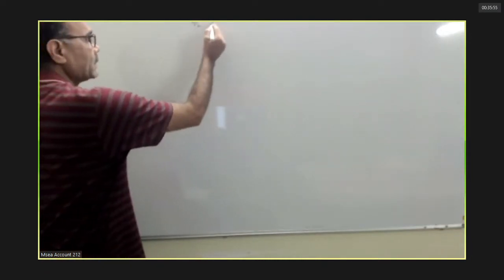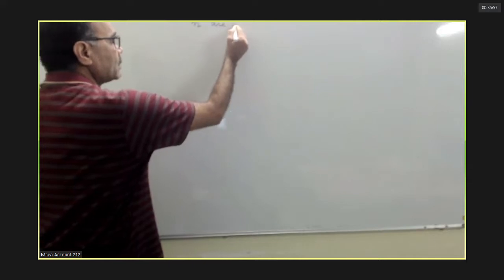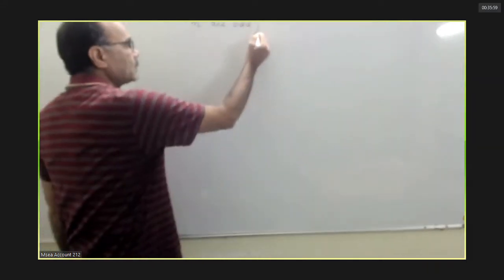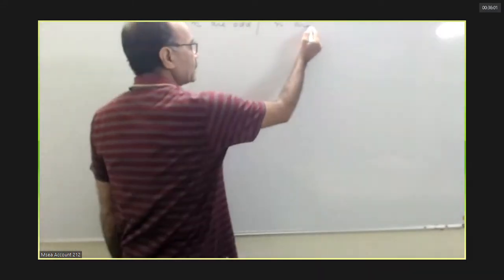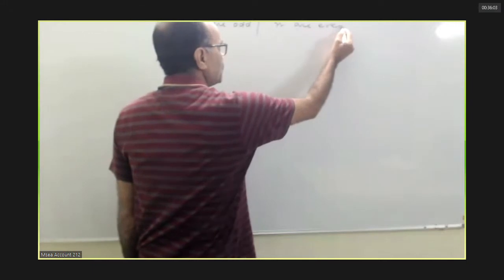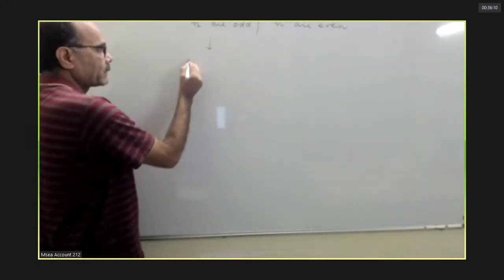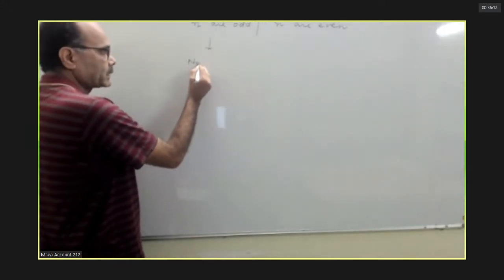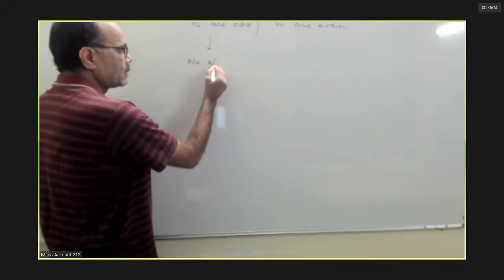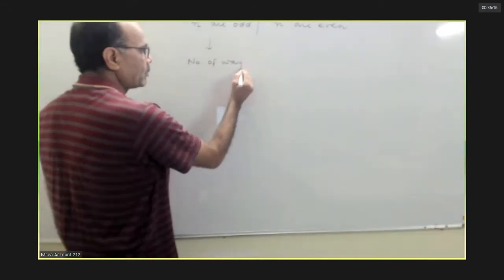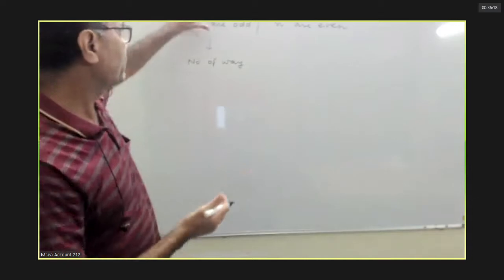See, there are 2n tickets, in which n are odd and n are even. From this set, the number of ways of selecting 2 tickets: just divide them into 2 groups.